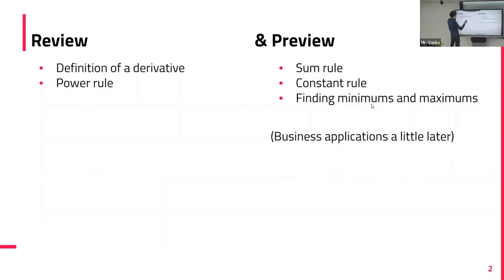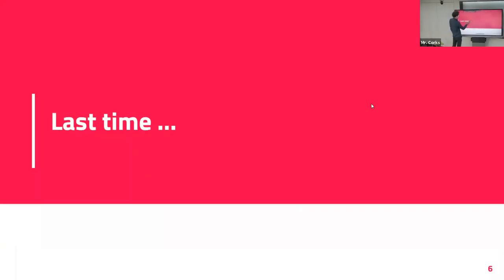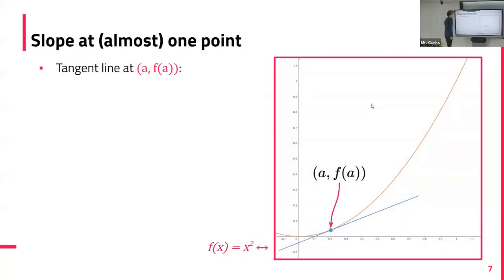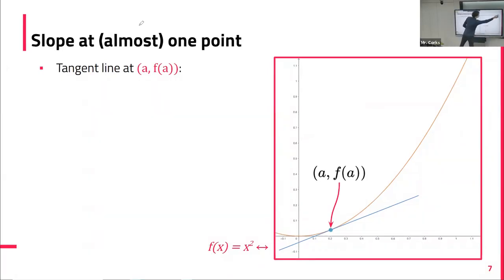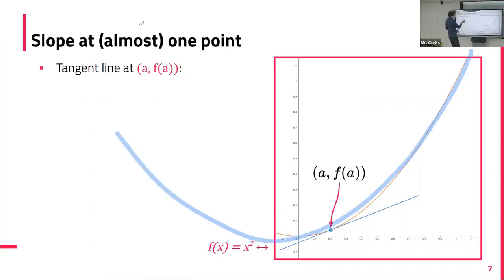All right, so let's just do some quick review with what we talked about last time. If you remember, we are talking about tangent lines. So we have some kind of curved function, like this thing here, our y equals x squared, and we have some points there.